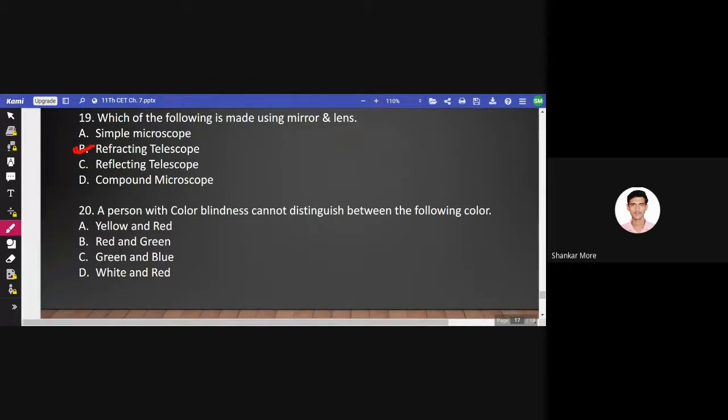Okay, if you don't have an idea, the answer is red and green. A person with color blindness cannot distinguish between red and green. Yes, it actually differs from person to person, but if we talk normally, this is what happens. Most of the people cannot distinguish between red and green colors.